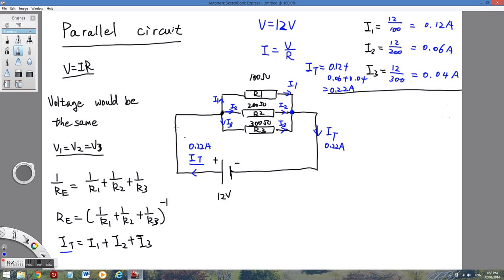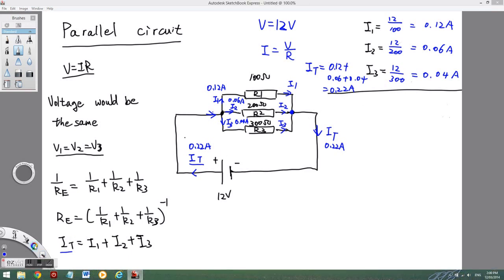When it travels to the junction, it splits up to 0.12, 0.06, and 0.04 amps.